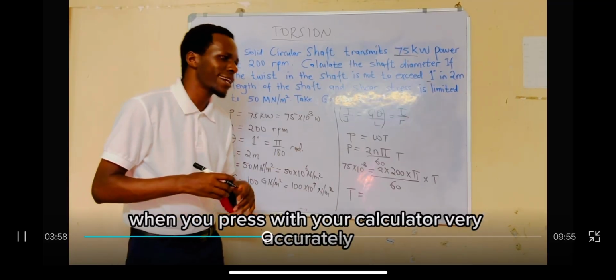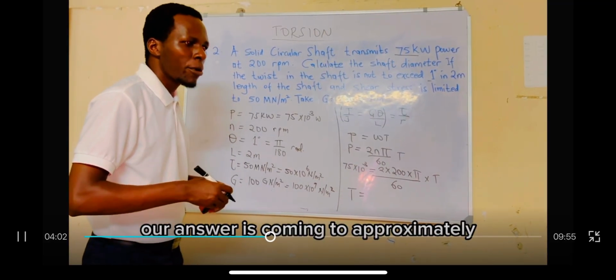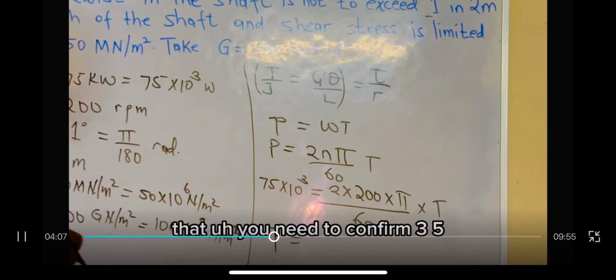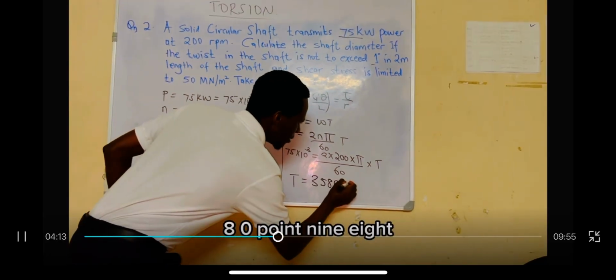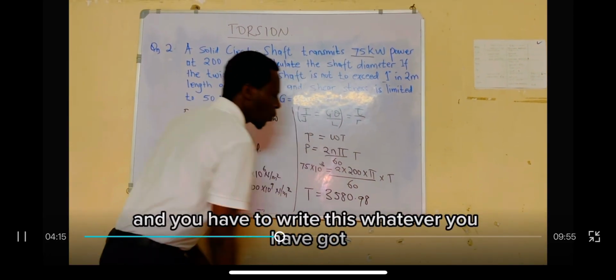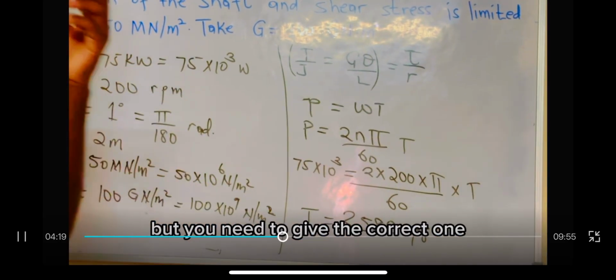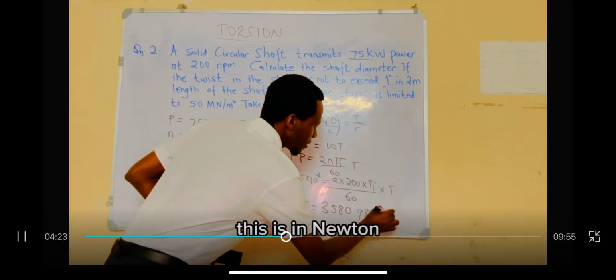When you press with your calculator very accurately, our answer is coming to approximately 3580.98. And you have to write this, whatever you have got, but you need to give the correct unit. As I said in our first video, this is in Newton.